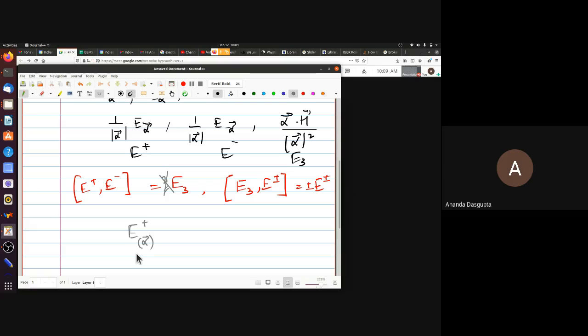Usually when it's clear with which one we are talking about, we will not write this. The alpha label we may very well omit if we are clear from the context which raising or lowering we are talking about.